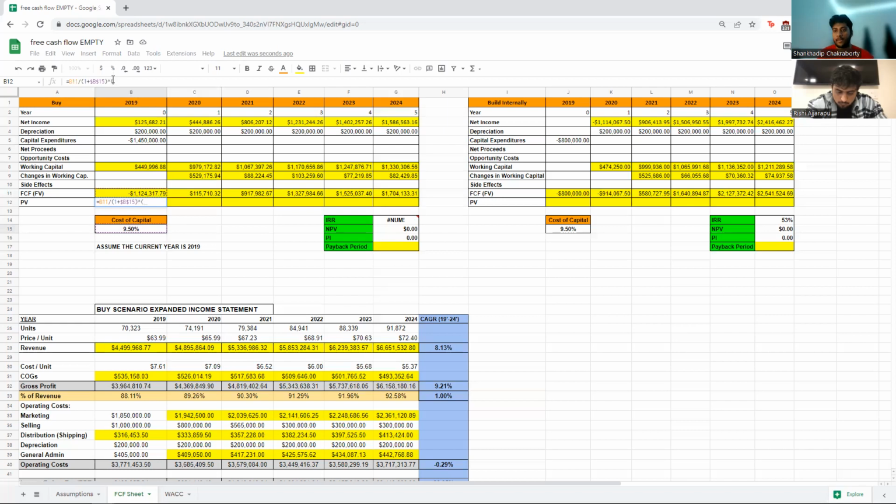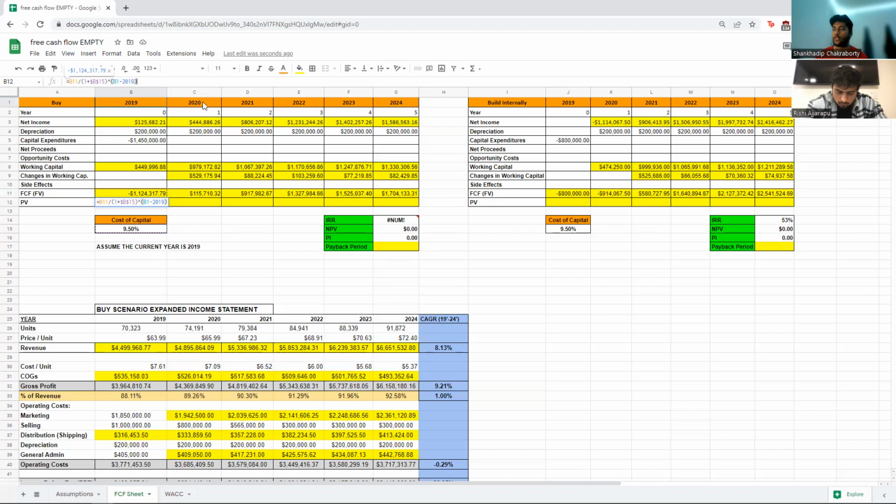Now, what's T going to be? T is just going to be the year. So the current year is year 0, but I don't want to hard code it. What I'm going to do instead is take what's up top minus 2019. That way, when I shift the formula over and put that formula in its adjacent cells, it's going to take 2020, 2021, 2022, etc. And it's going to do the math for me.